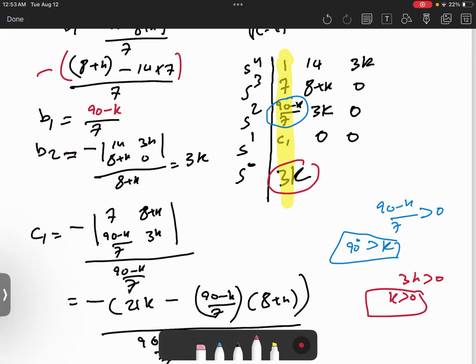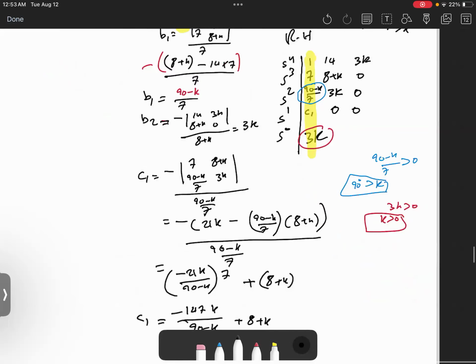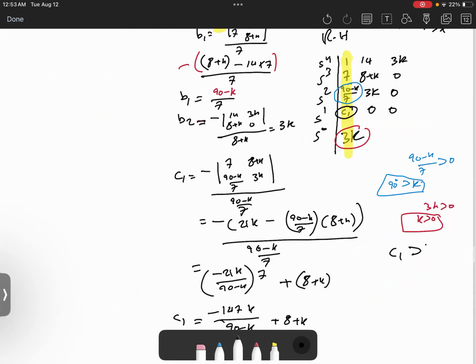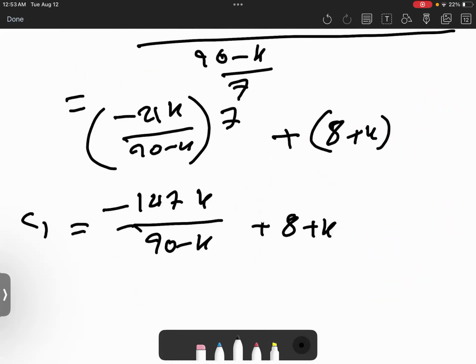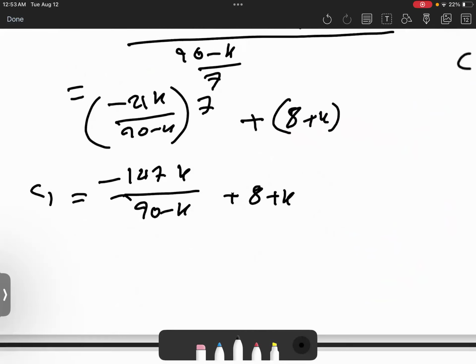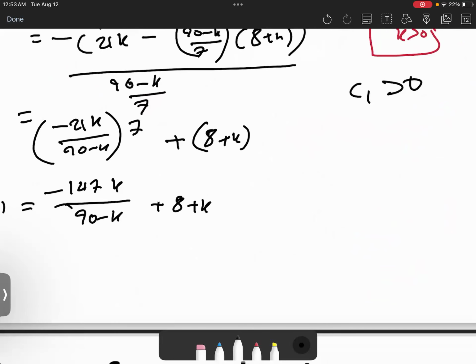Then the last observation is regarding C1. We need to make sure that C1 is larger than 0. Then let's look at C1 and say we need this part to be larger than 0. So negative 147k divided by 90 minus k plus 8 plus k larger than 0.